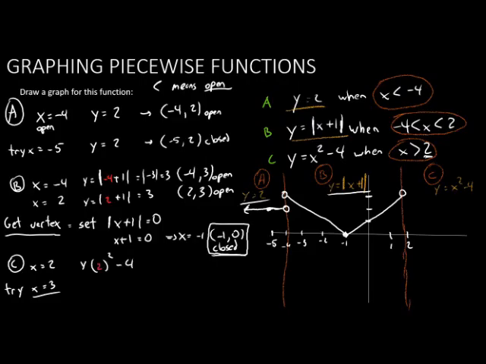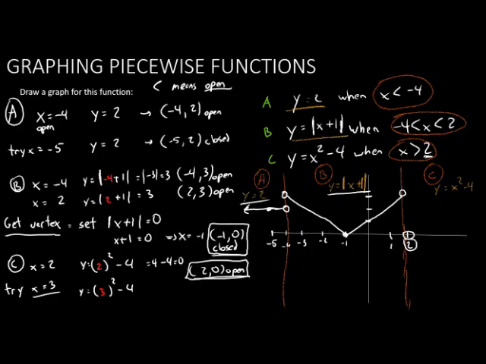Let's put in that x is equal to 2 and then do it again for x equals 3. So 2 squared is going to be 4, minus 4 will give us 0, and so our first point will be 2, comma 0. Since that 2 is on the boundary, it will be open.